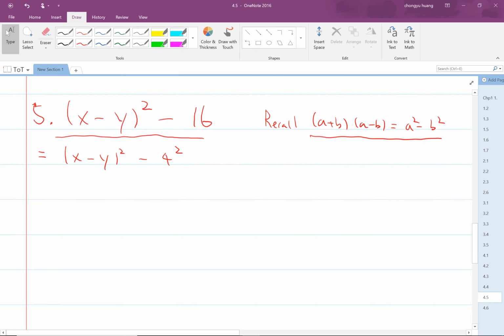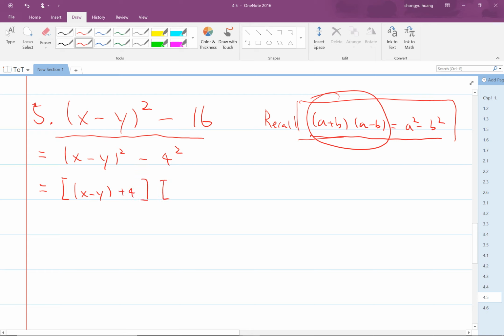Now you look at the property over here. It looks really familiar, right? So now what we do is apply the property. We're just going to factor it. We write it out: x minus y plus 4, and then x minus y minus 4.